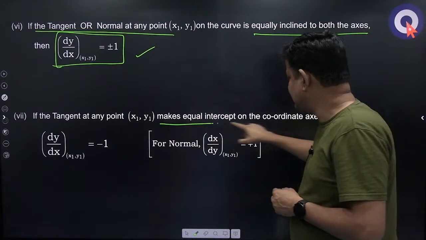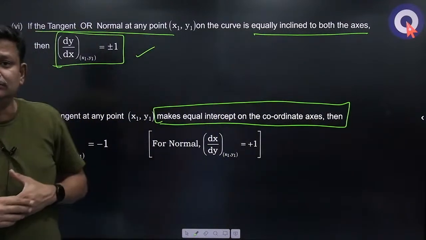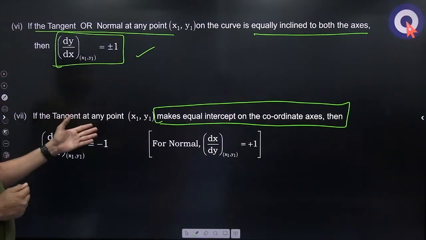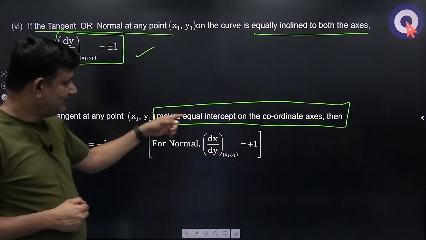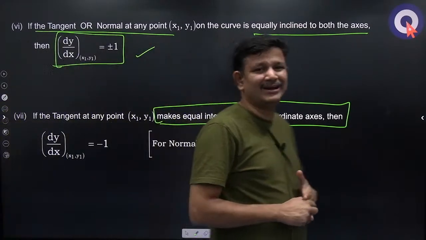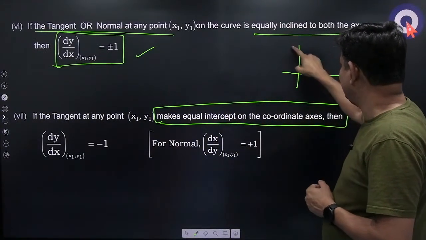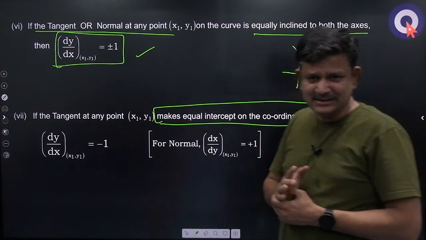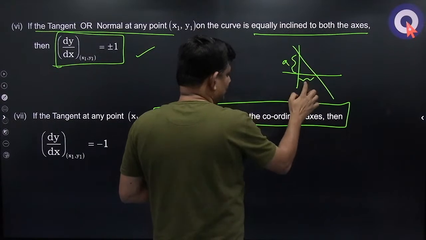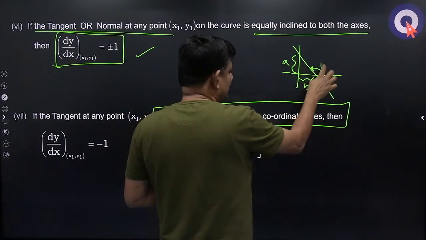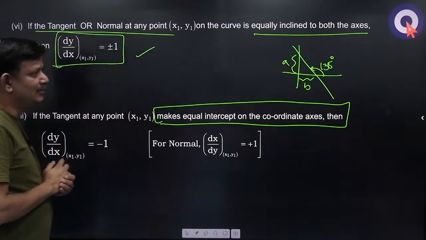The next regular thing asked in coordinate geometry as well as in application of derivatives is that a line makes equal intercepts on the coordinate axes. So when a line makes equal x-intercept and y-intercept, this happens only when the inclination is 135 degrees.